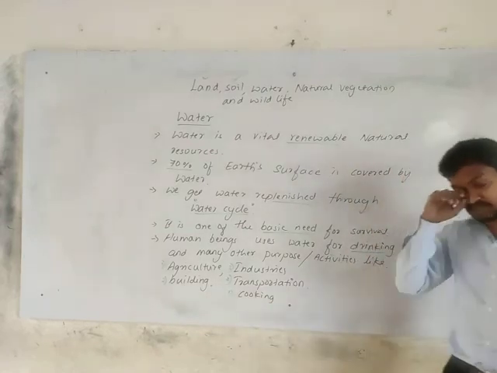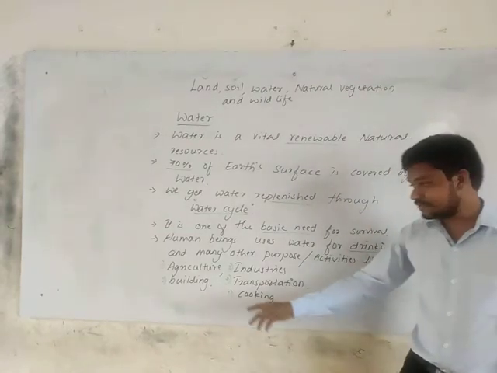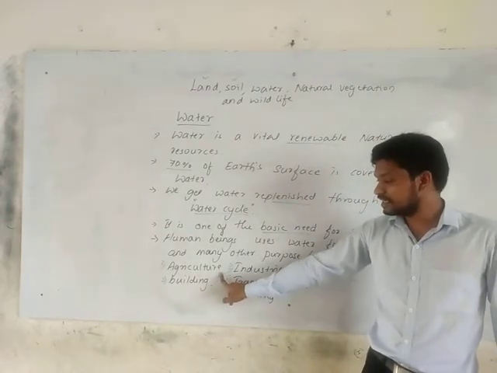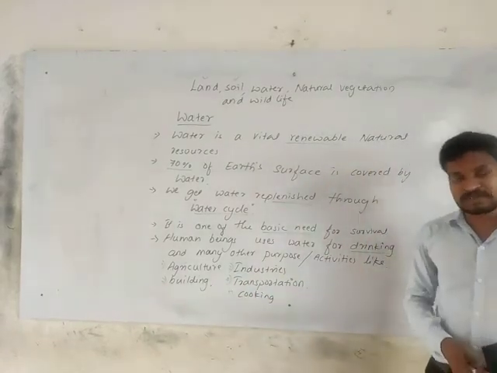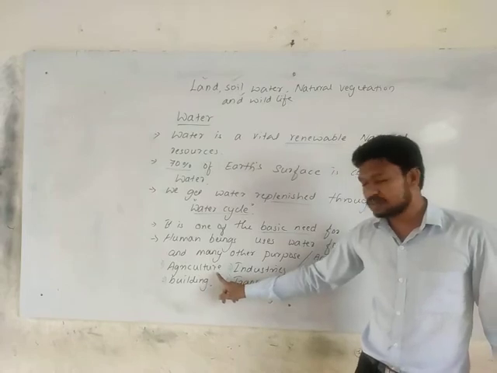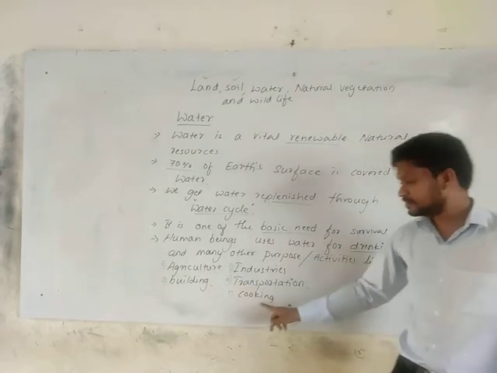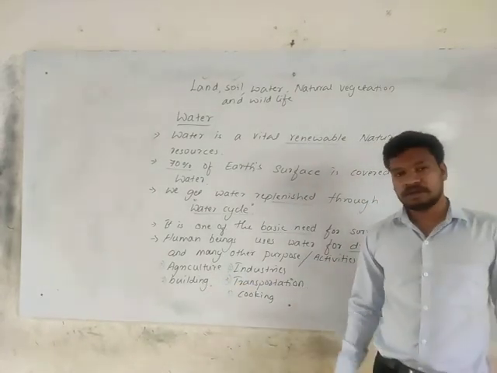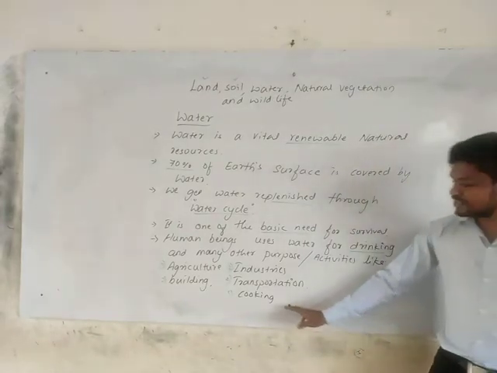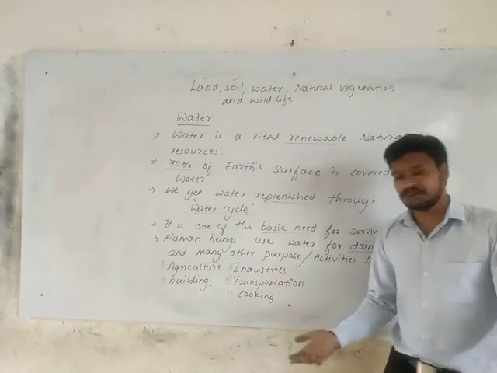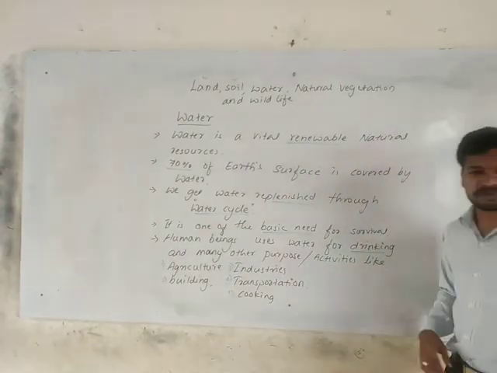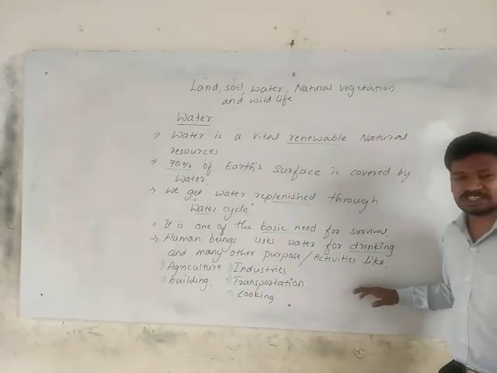When human beings spawned on the surface, we started to use water for agriculture. When technology improved, we started to use water for buildings, industries, transportation, and for cooking and domestic purposes. Domestic purposes include everything, like washing buffaloes and all those things.